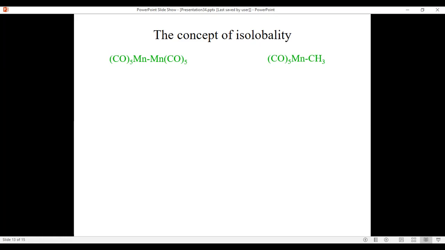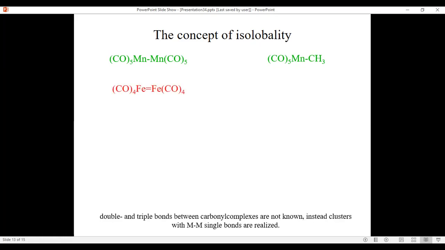Now one can extend these ideas to many other fragments. For instance, we can consider an Fe(CO)4 fragment. What is the number of valence electrons in this fragment?